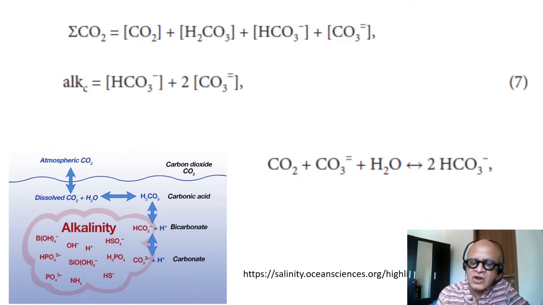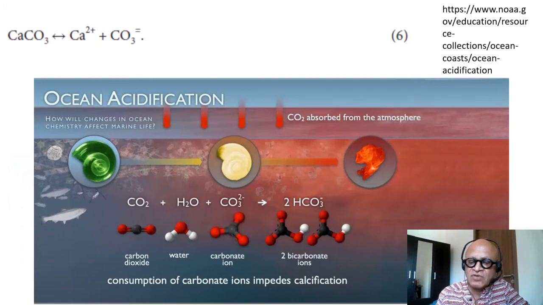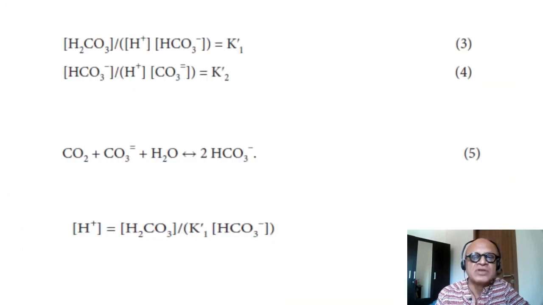So there are all kinds of non-linearities involved in here. For example, if you take two samples of seawater with different amounts of carbonic acid, dissolved CO2, in them, and you mix them, you are not going to get the average concentration of H2CO3 between the two because of all these reactions.